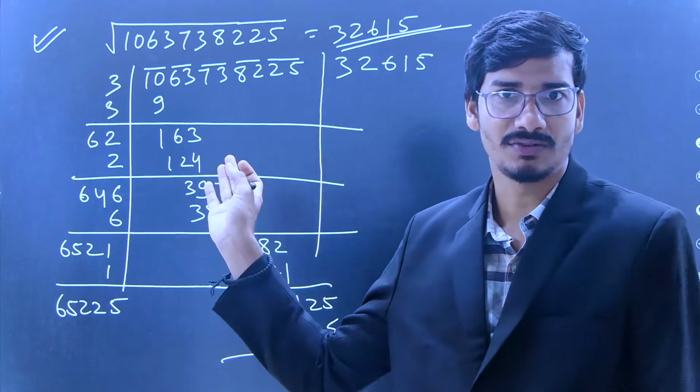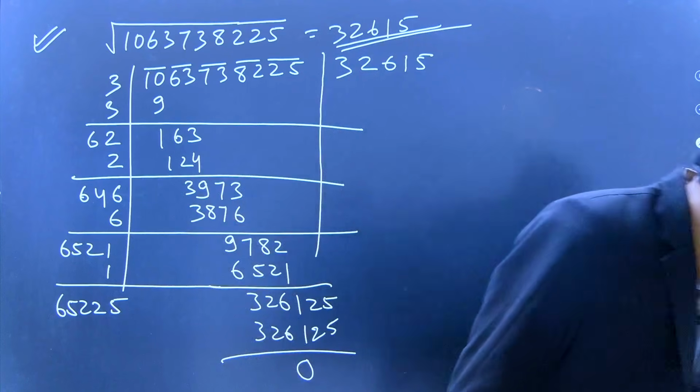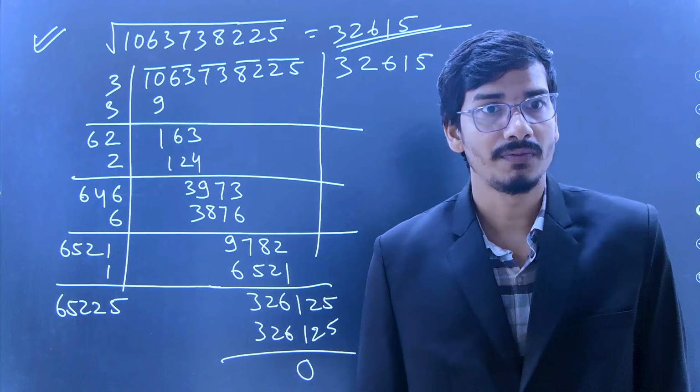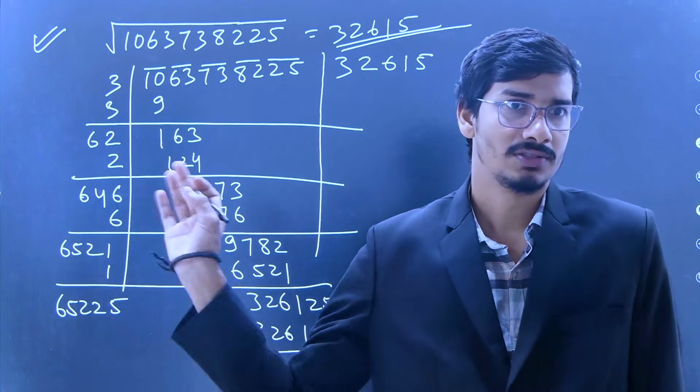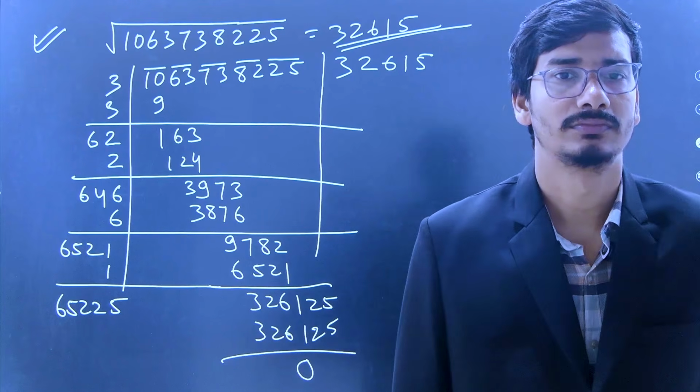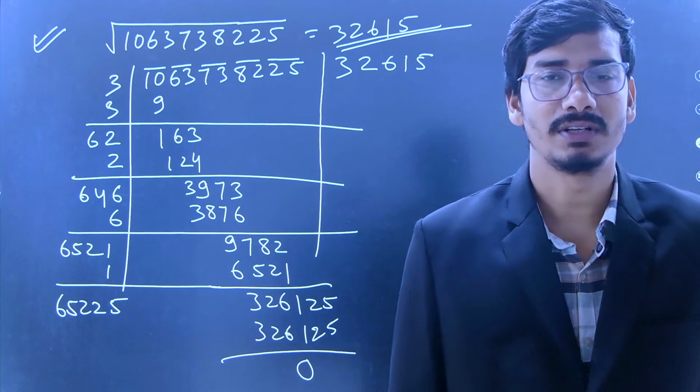But this is a 10-digit question. Now take another question which is not a perfect square. First of all, take a screenshot of this one. Take a screenshot, beta, fast.